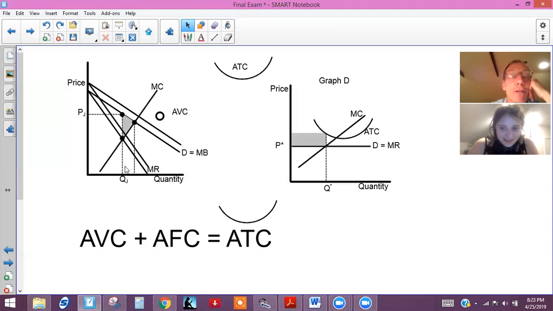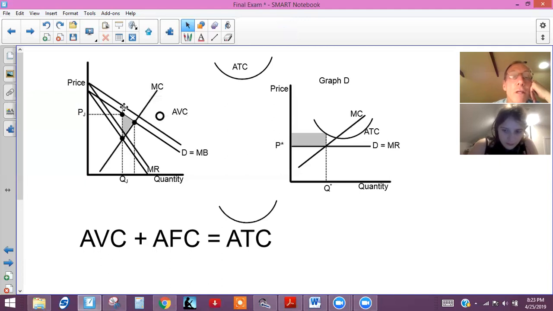So what happens if they don't change their output, right? And this is why it's sort of tricky. They're just going to move up on the same and come up here, and just stay right where they are and charge this higher price up here, okay?